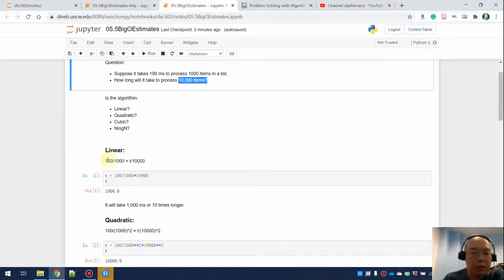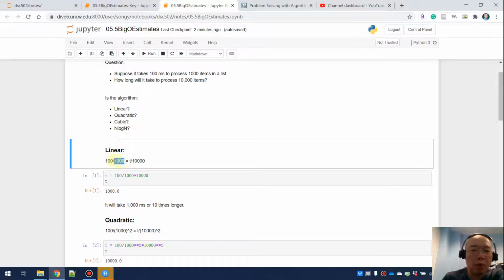So if we assume that it is linear, that means we do 100 milliseconds, and we are able to process 1,000 items. We can just assume that those 1,000 items require 1,000 primitive steps. So 100 milliseconds lets us process 1,000 primitive steps.